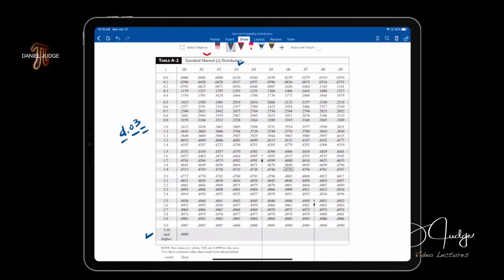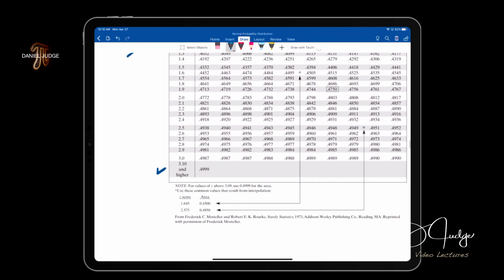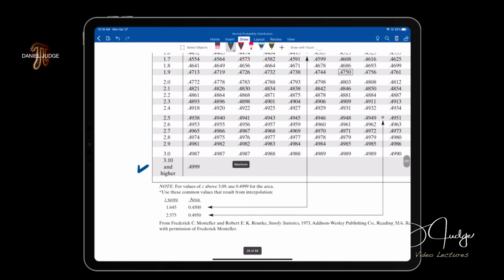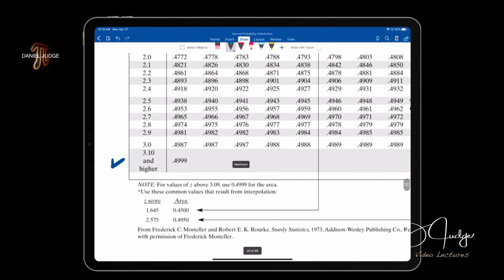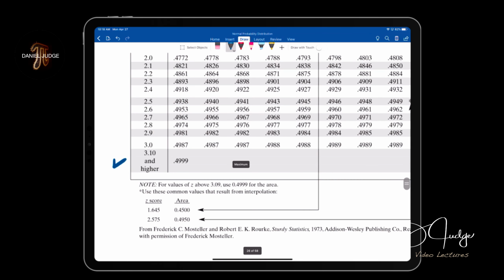I'm going to have you really take a look at this, because here's what you want to see. It says 3.10 and higher. I don't even have a 4.0 row, because 4.0 is higher than 3.10.